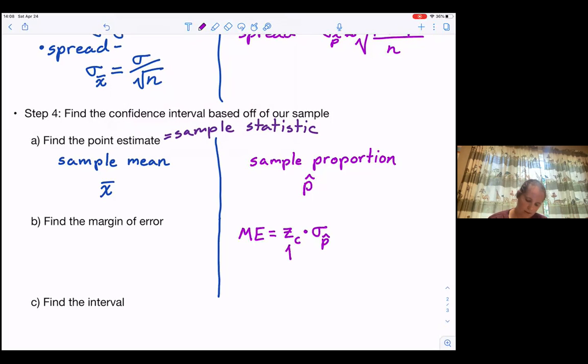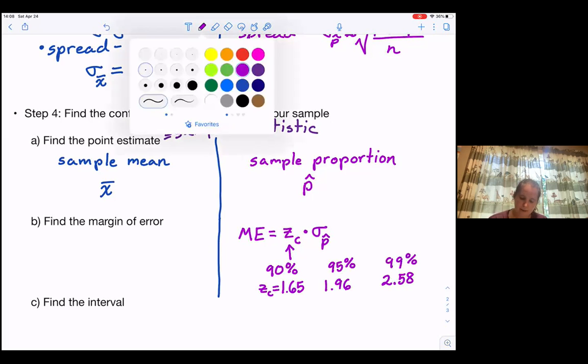And z sub c was, for 90% confidence, 1.65. For 95%, it was 1.96. And for 99%, we are looking at 2.58.